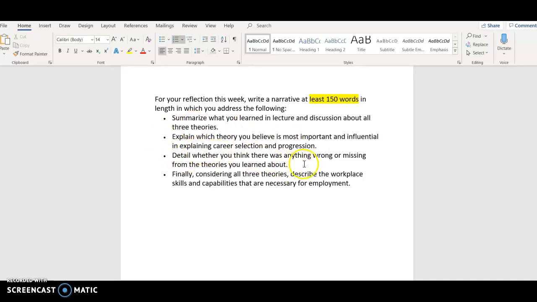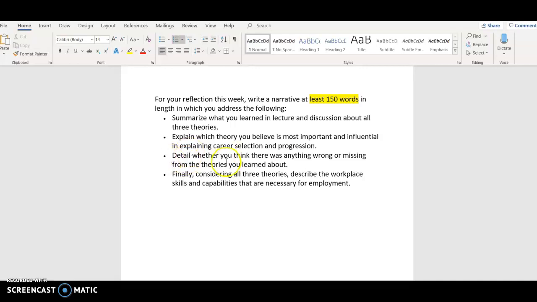Detail whether you think there was anything wrong or missing from the theories you learned about. If your answer is no, again, that's fine, but a one-word answer would not cut it here. You need to explain. It covered everything that was important, everything that was in there was correct, and be able to explain that for full credit.